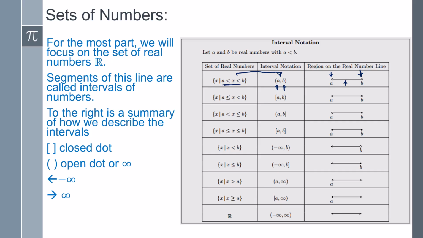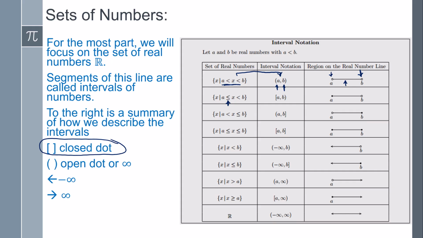Now the question is, where it starts, do we include or exclude the value? If we want to include the value, we use these brackets. Now another way of thinking of it is if it was like a closed circle. So if you remember when it says equal to for an inequality, it means closed circle. That's going to be the same thing as a bracket.